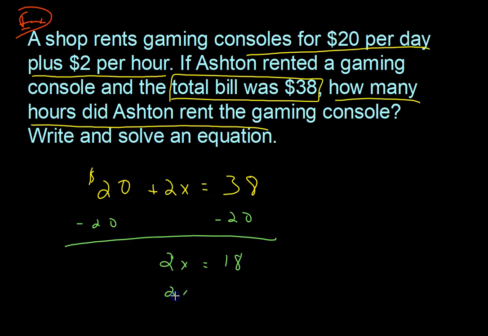And from there, you divide by 2. So x would be 9. So apparently, he rented the gaming console for 9 hours. All right, that's all I have. Good luck.